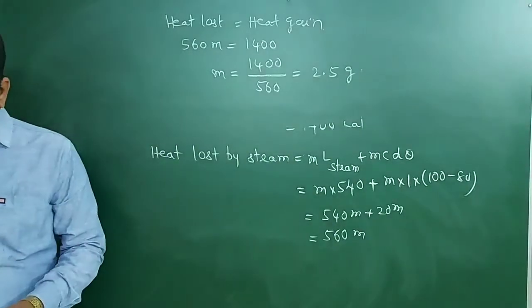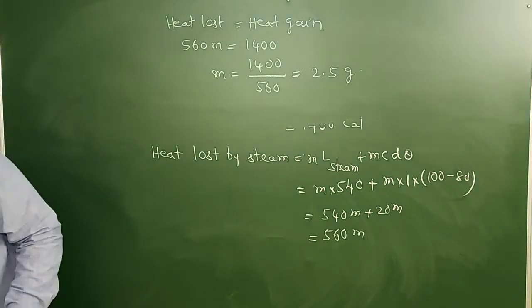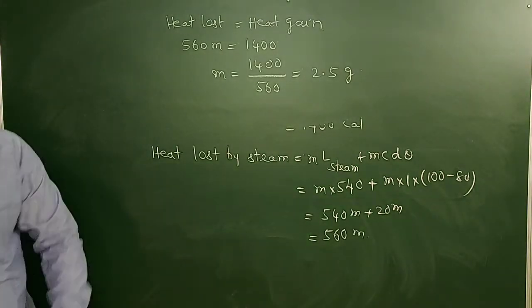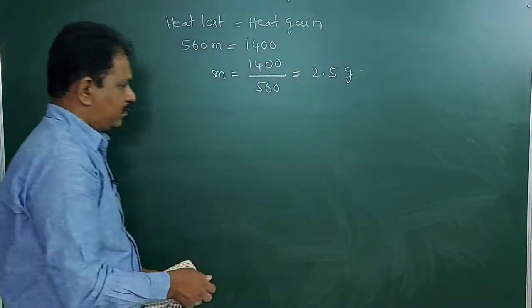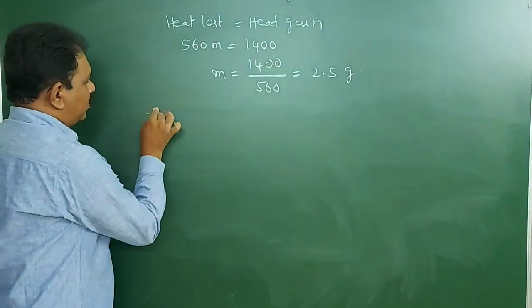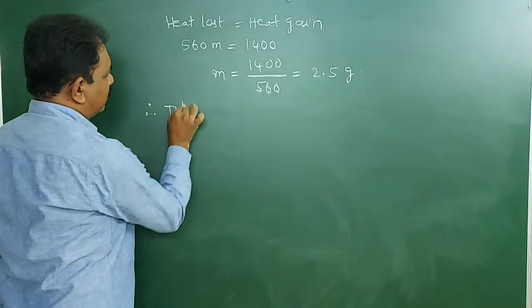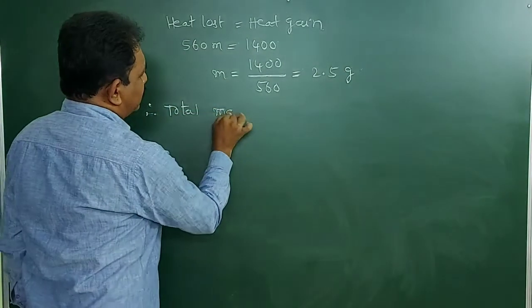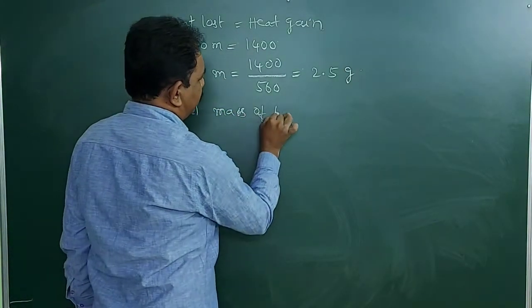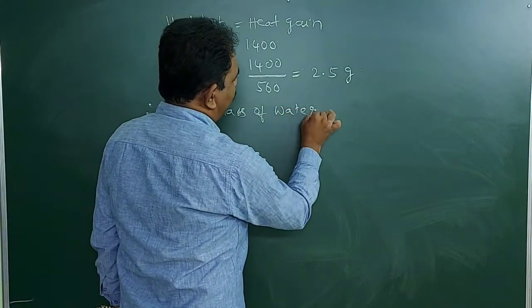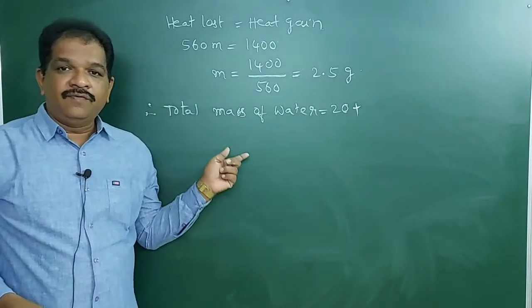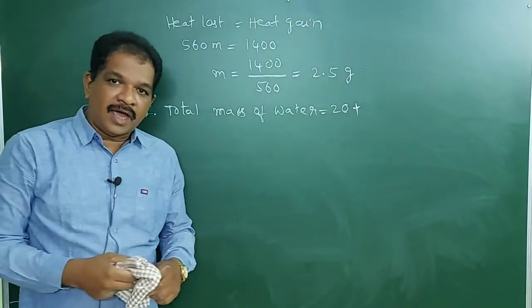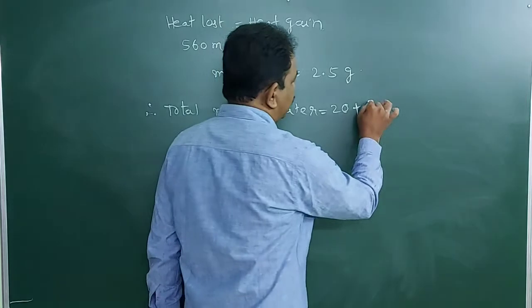Okay. So how much water will be there finally? Therefore total mass of water: already 20 grams water is there. 2.5 gram of steam has converted into water.